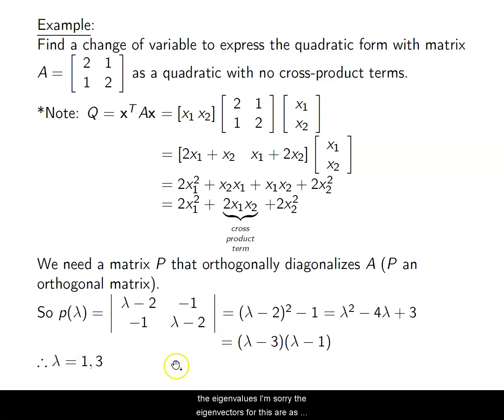Now that I have these, my diagonal matrix D is just going to be the eigenvalues, lambda 1, lambda 2. And my P matrix is going to be made up of these column vectors in the same order as the eigenvectors, P1 and P2, because they go with the eigenvalues, right?